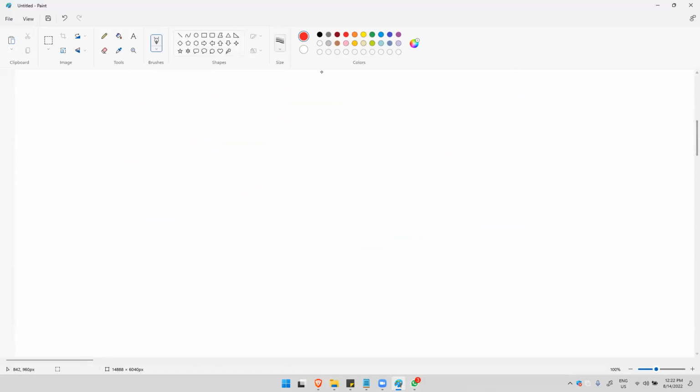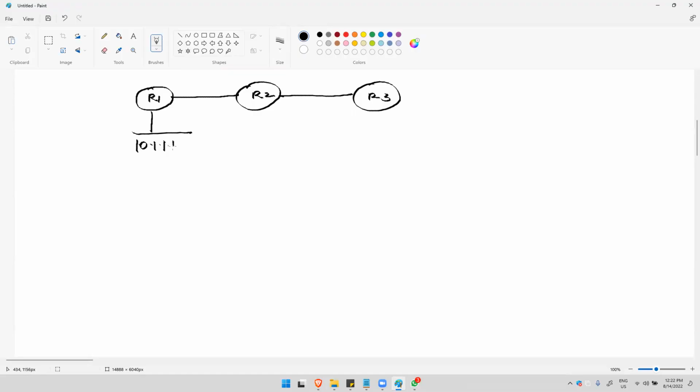Now, sir, I'm asking a very small question. Router 1 is connected with router 2, connected with router 3. Router 1 has 10.1.1.1/24 on Loopback 1. Router 3 has 10.2.2.2/24 on a loopback.